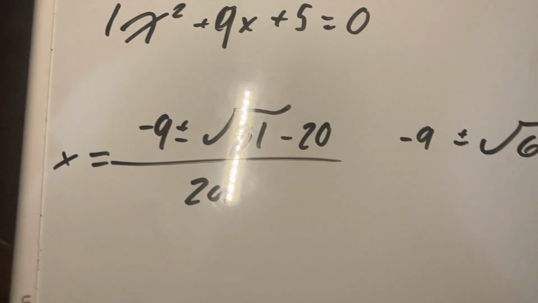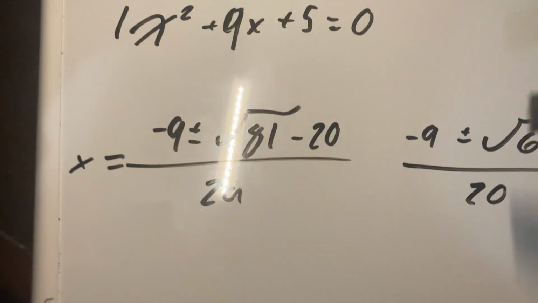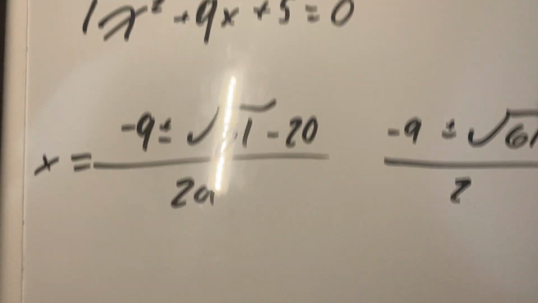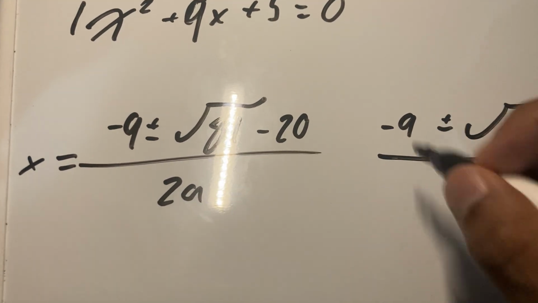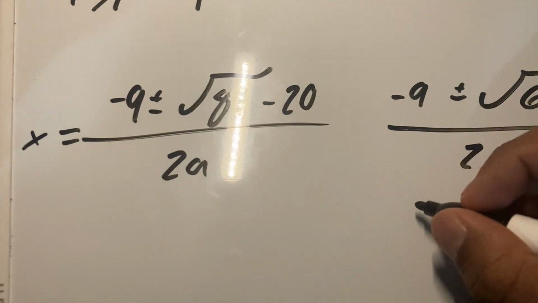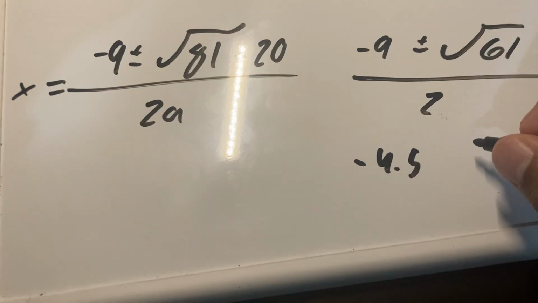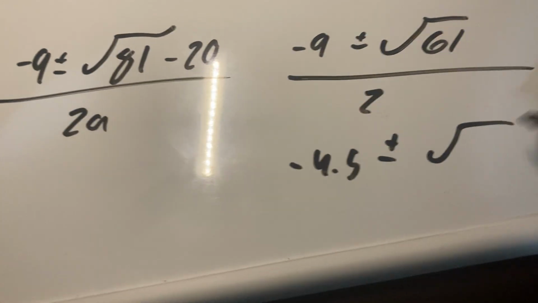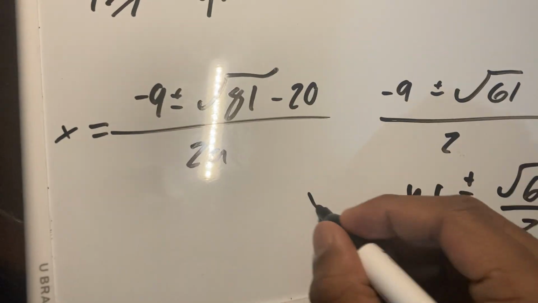We'll simplify that later if you want to. Now 2a, and a is right here, so it's 1. So 2 times 1 is just 2. So we keep that there. To be honest, this is not going to be an integer, but if you don't care, it's negative 4.5 plus or minus the square root of 61, divided by 2, and we got our x.